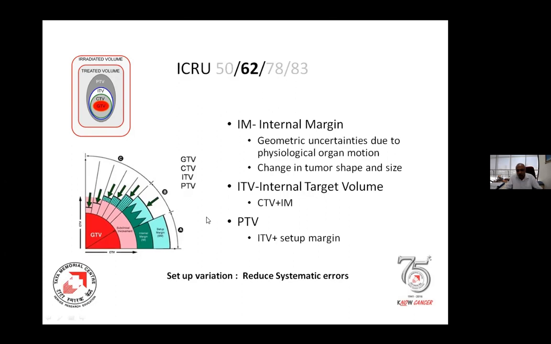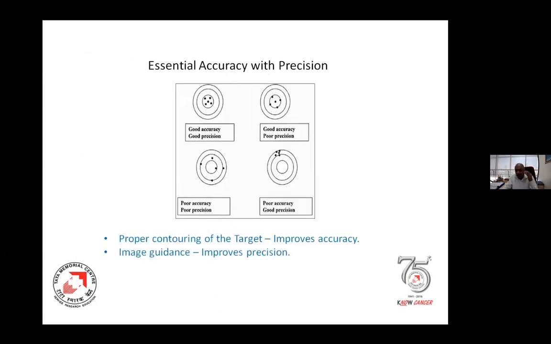So what we need to do is reduce the setup variation. How can we do this? Good QA of the laser, good immobilization devices. We need to do image guidance. You can have a simple EPID done consistently to understand what the setup margin is, so that it has an impact.